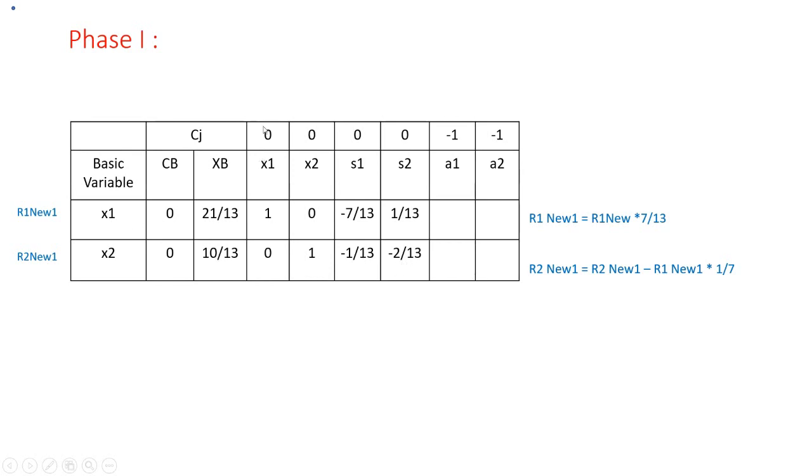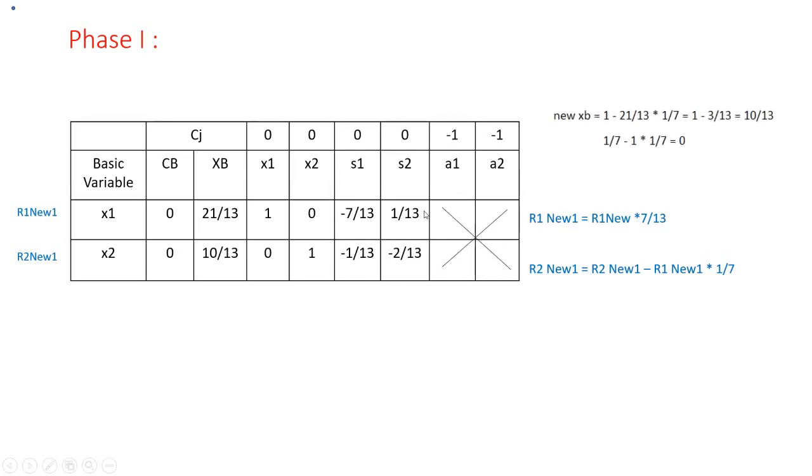So here again I have replaced a1, that is the artificial variable, by x1. So here the basic variables are x1, x2, and we are not performing any operation for a1 and a2.